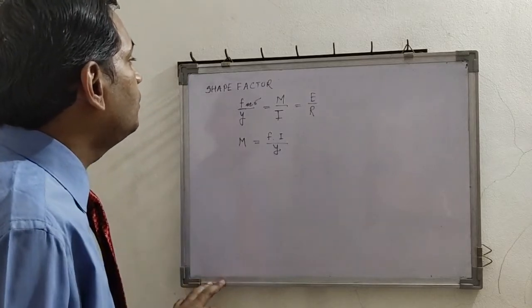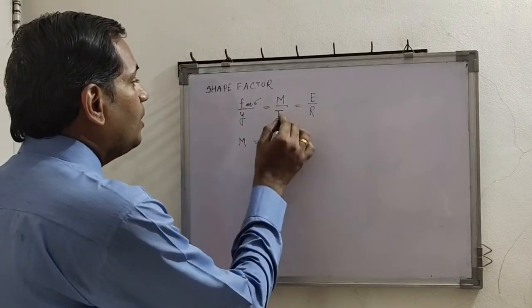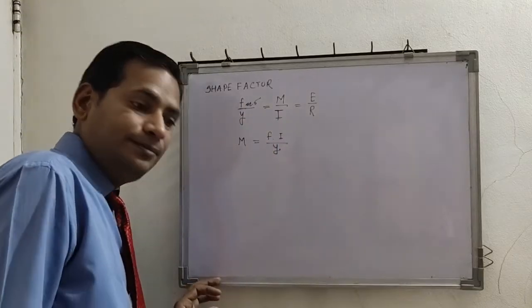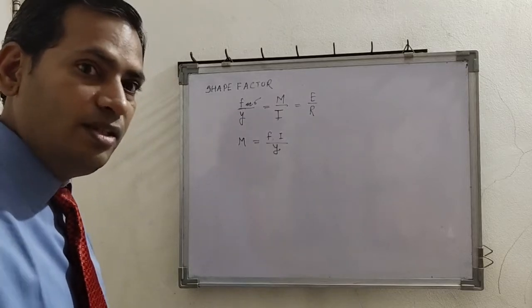M is equal to f into I upon y. So I upon y is nothing but Z.